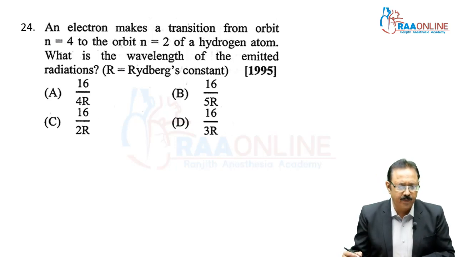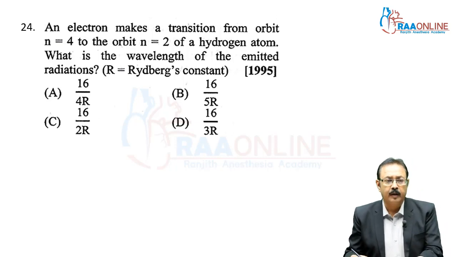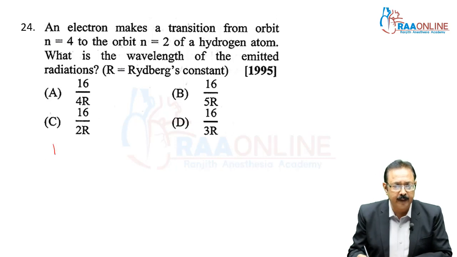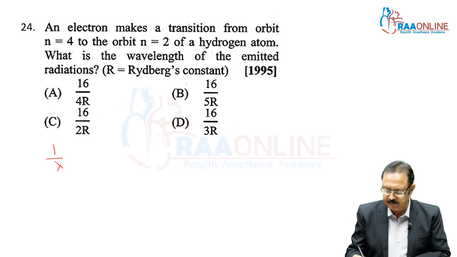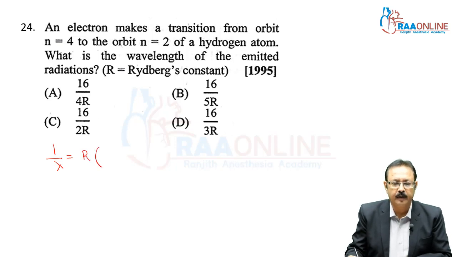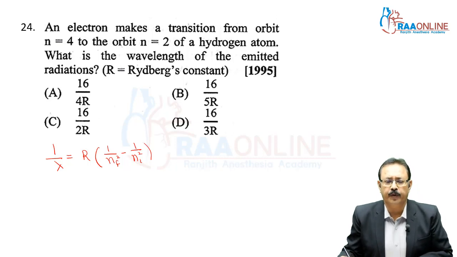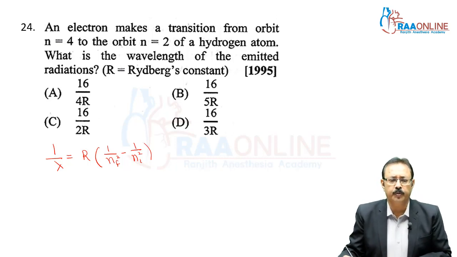We know the formula, for which we have the complete derivation: 1 upon lambda equals R into 1 upon n f square minus 1 upon n i square. The electron is coming from 4 to 2.